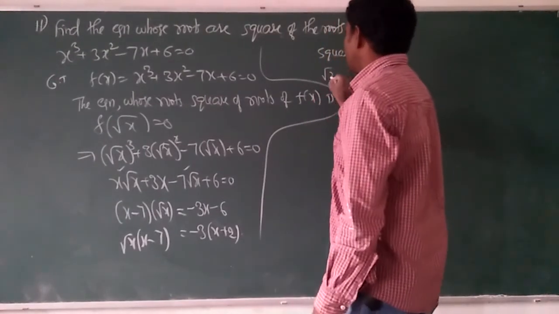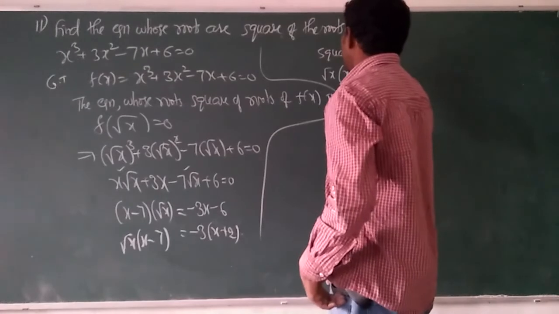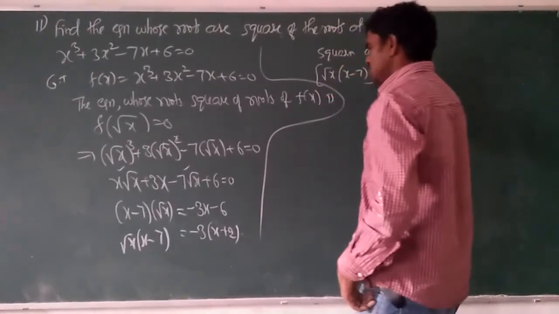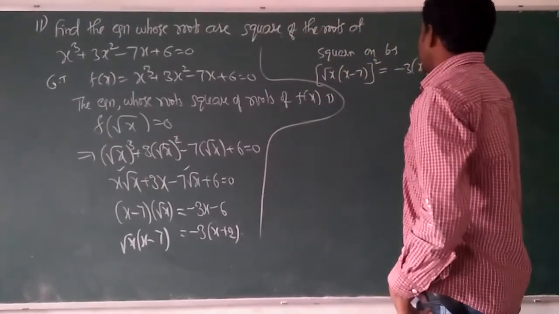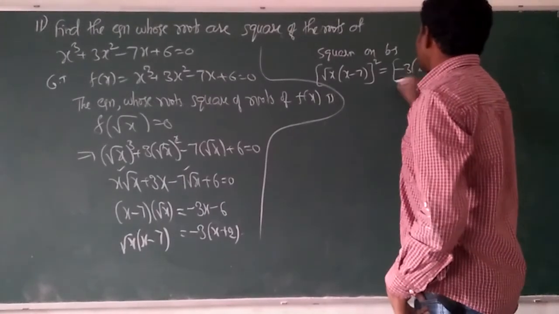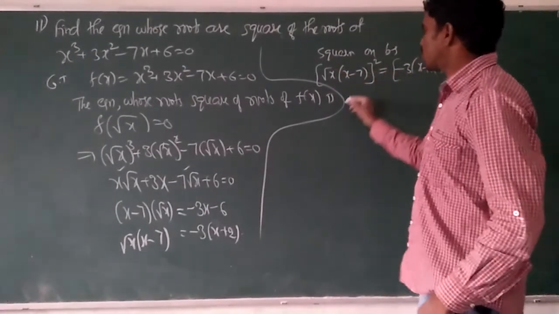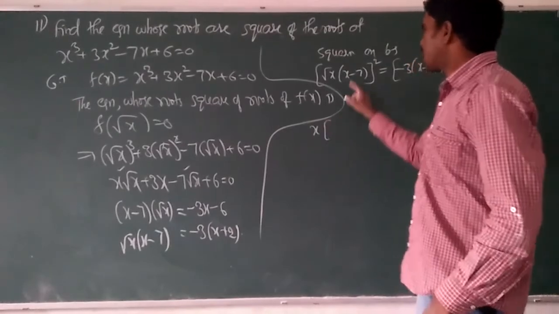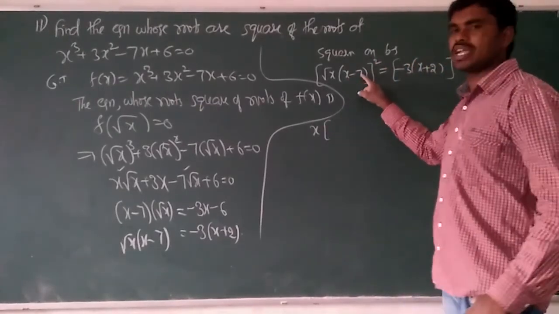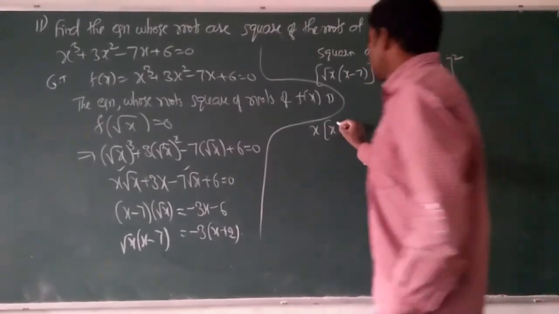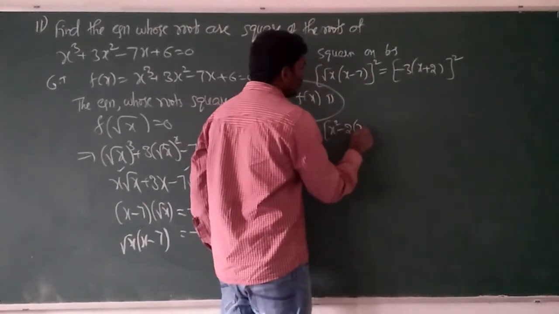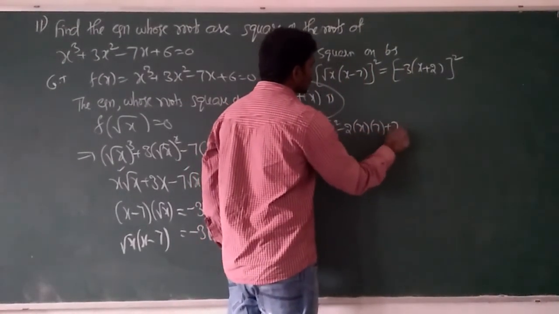So this becomes root x into x minus 7, whole square, is equal to minus 3 into x plus 2, whole square. See, root x whole square means just x, and x minus 7 whole square uses the a minus b whole square formula: a square minus 2ab plus b square.